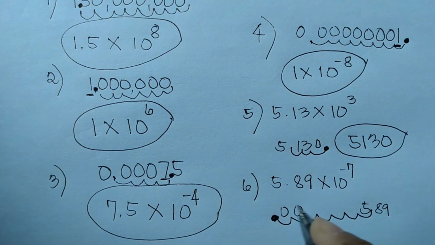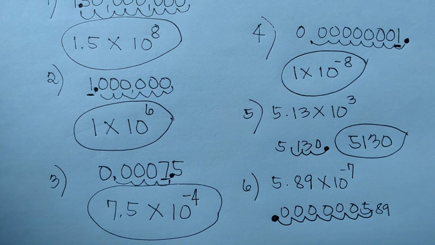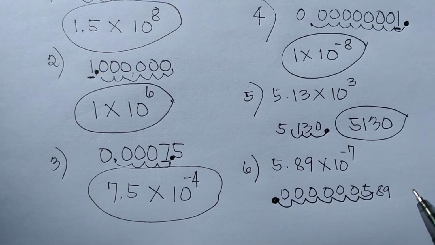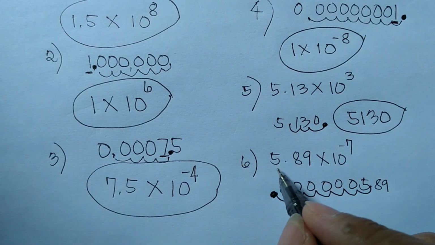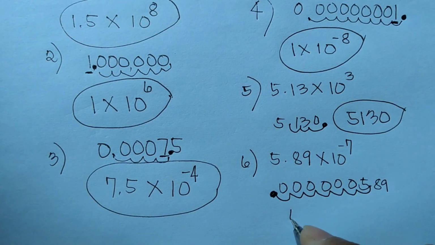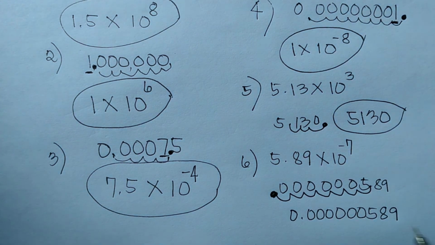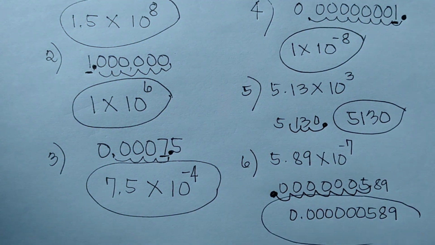Add zeros. Okay. So our decimal form for this scientific notation is 0.000000589. So this is our answer.